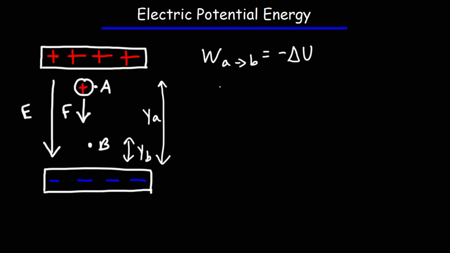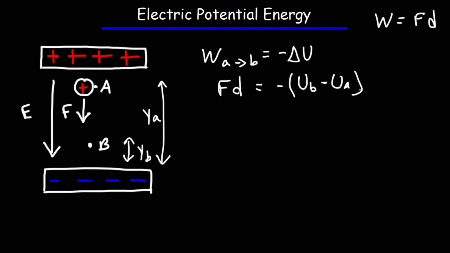Now we know that the work is equal to the force times the displacement. And going from A to B, we have the change in potential energy. So final minus initial. The final potential energy will be at B, and the initial electric potential energy will be at A. Now the electric force is equal to the magnitude of the electric field times the charge.